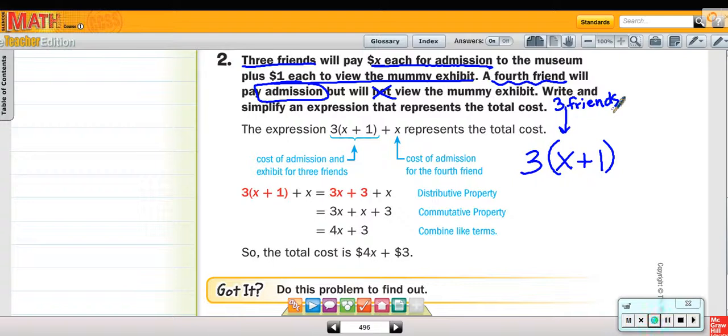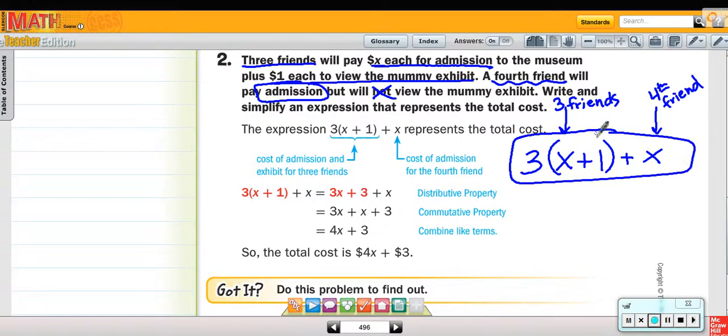But the 4th friend is only doing what? Only paying admission. And what does admission cost? X. So the 4th friend is just paying X. This right here represents that 4th friend. This whole expression represents the total cost for all of the friends to go to the museum.